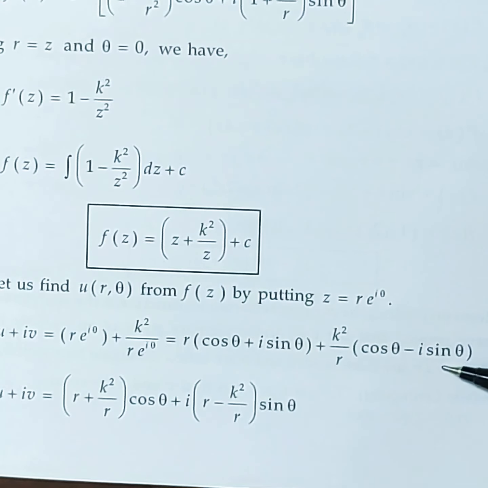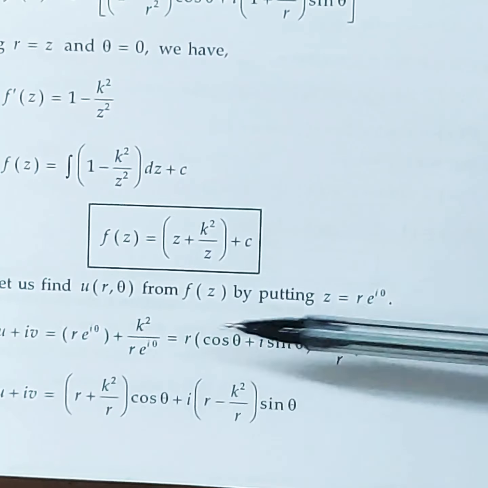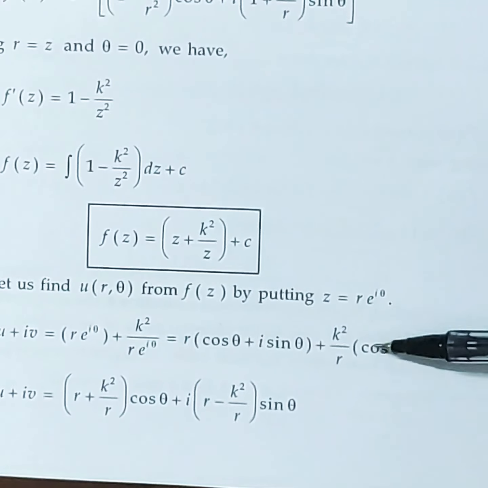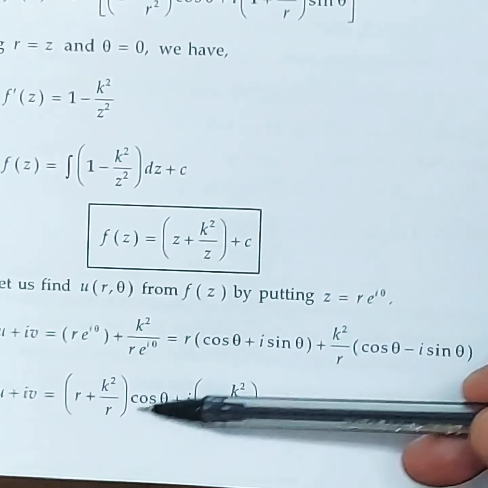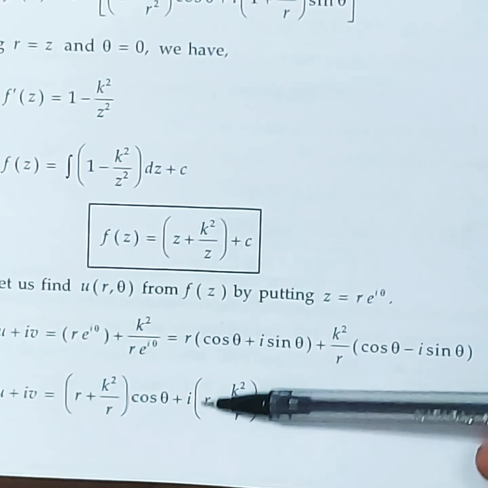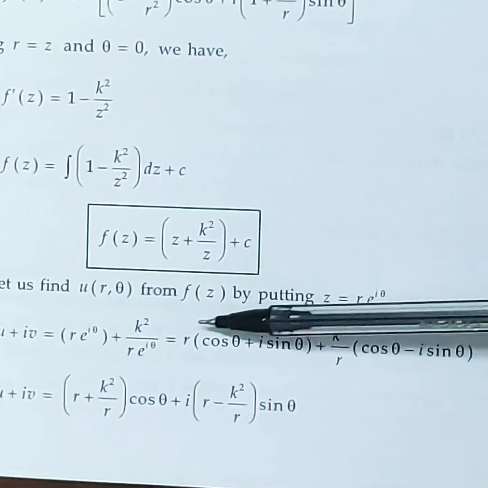So now we are just going to simplify. Group the cos theta term, the real term. If I group the cos theta term, what will I get? First term r into cos theta. And what is the second cos theta term? k square by r. So r plus k square by r cos theta, plus i into, what is the imaginary term here? r sin theta.